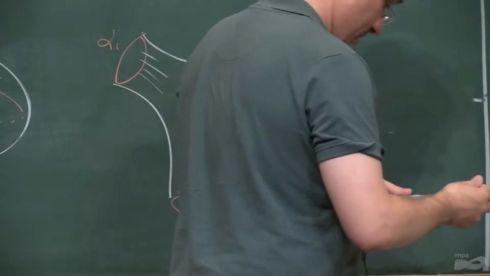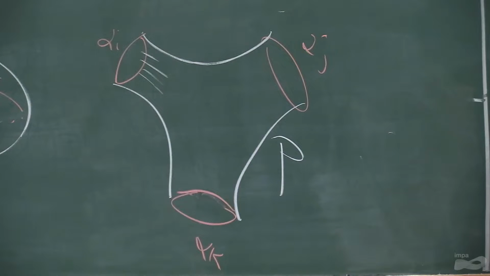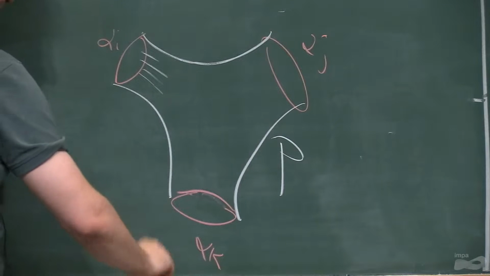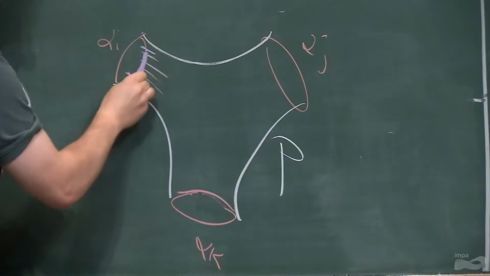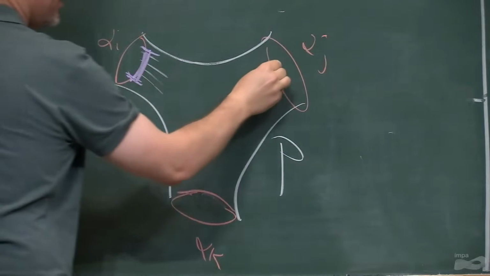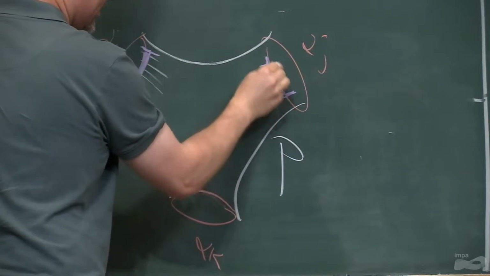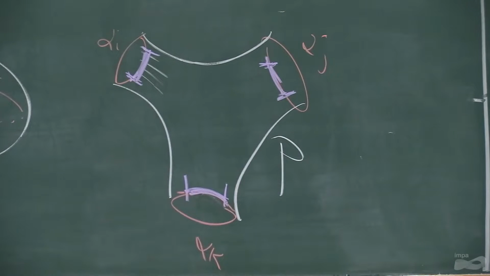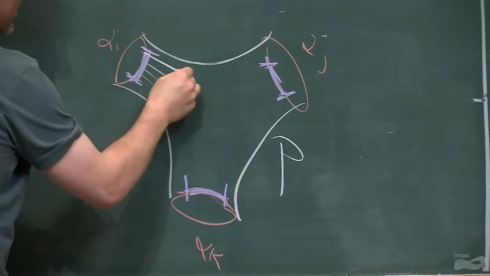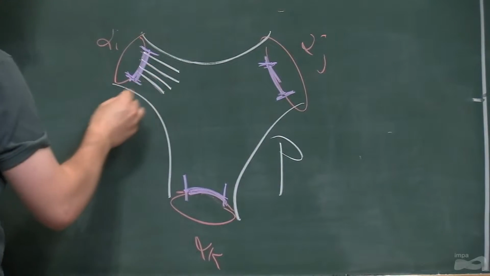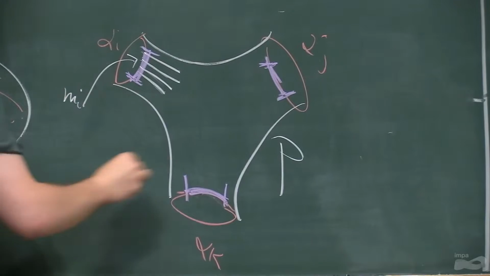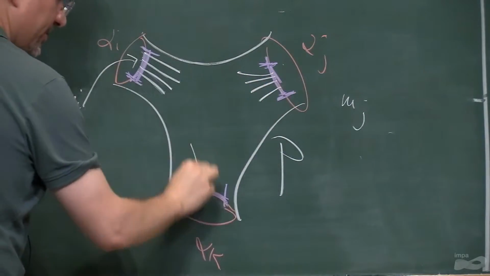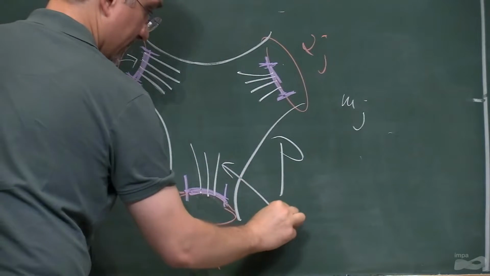What we can do is, on every alpha_i, let's cut a segment here, here, and here. And let's put m_i segments coming in. We put m_j, and we put m_k things.